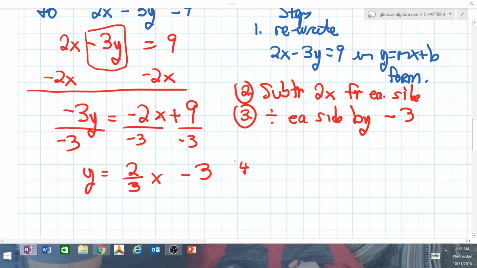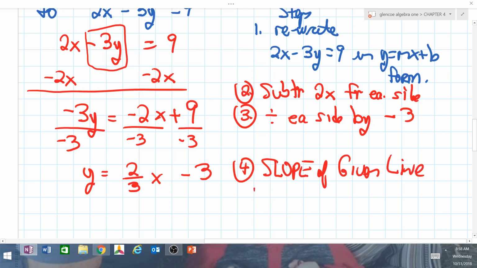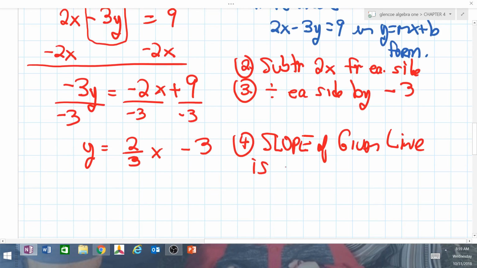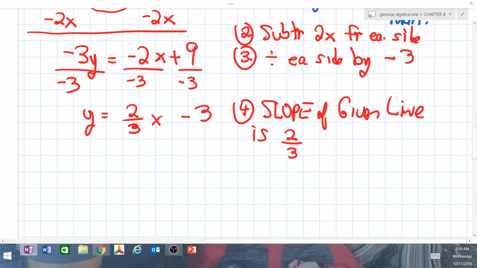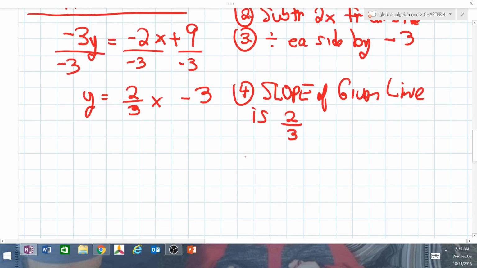So now the slope of the given line is what, class? What's the slope of the line? 2/3. Okay, so the slope of the given line is 2/3.